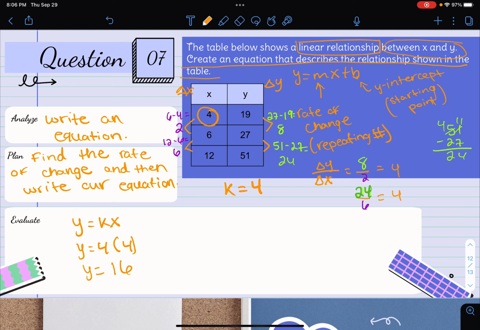Whatever you got to do, that's going to be your B part. So do you have to add a number, subtract a number? What do you have to do? Okay, because like it says it's a linear relationship, so you have to find that B. So how would you get from 16 to 19? Okay. So it's either going to be plus or minus a number. Okay, that's your hint. So go ahead and finish this off and then go ahead and move on to your next problem.